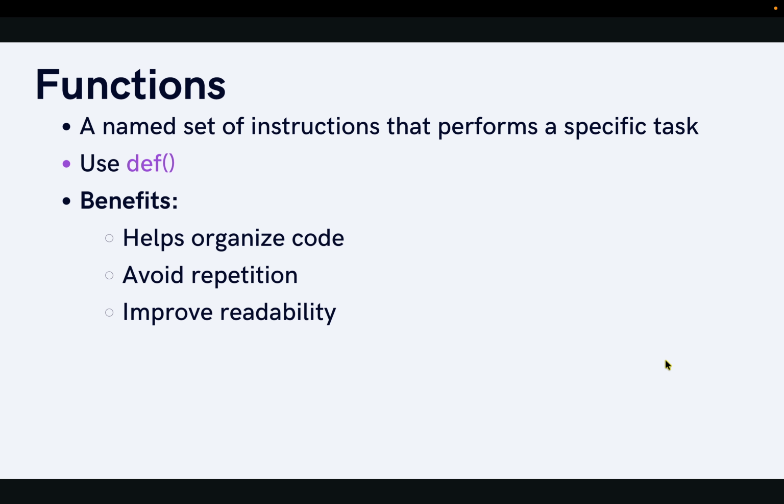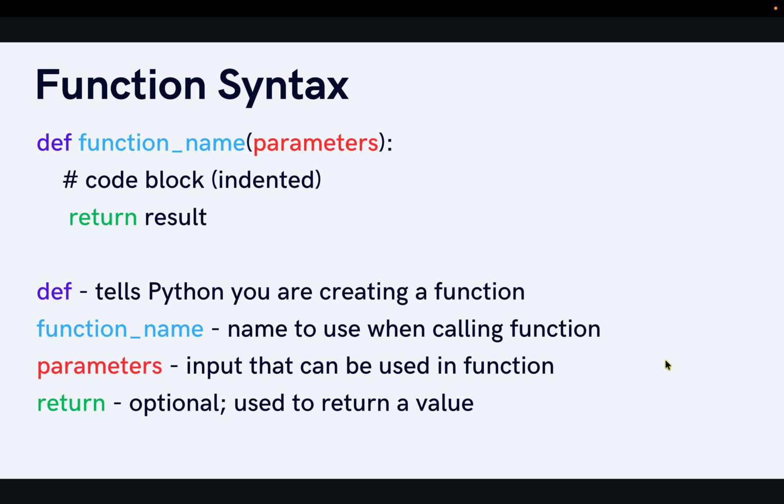If there are lines of code that you need to run over and over again, this is where it will come in handy. Here we have an example of how a function is set up. If you pay attention to the colors in the bottom half of the screen, it will explain what each component is. So that's what we'll cover right now.